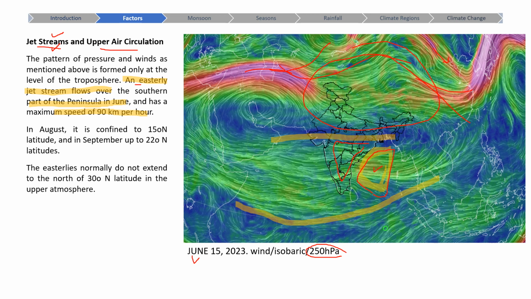You can see the states where the easterly jet streams have a significant role. This is Andhra Pradesh, the Odisha coast, the Tamil Nadu coast, and maybe Telangana and up to Maharashtra and Karnataka.